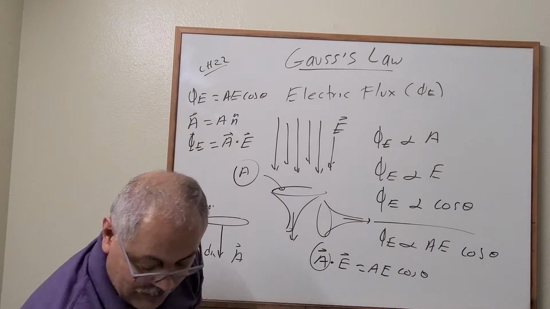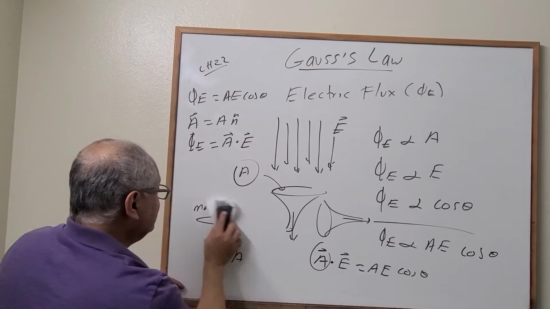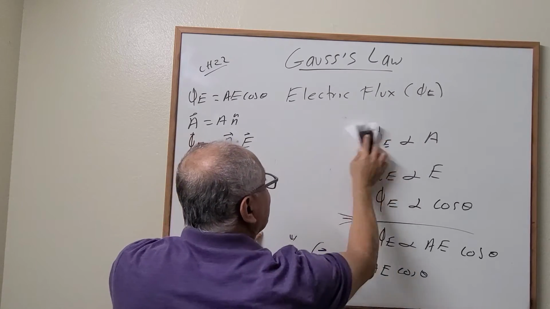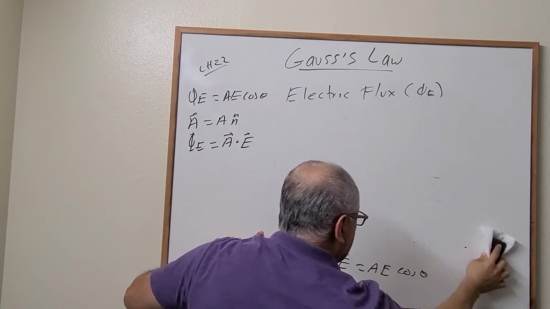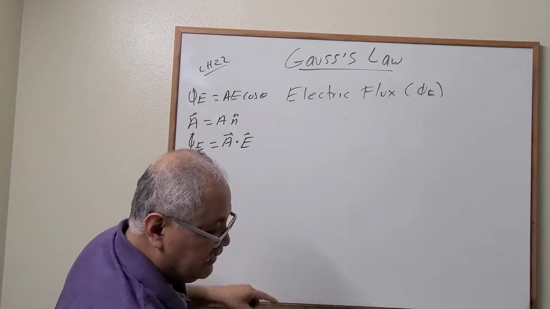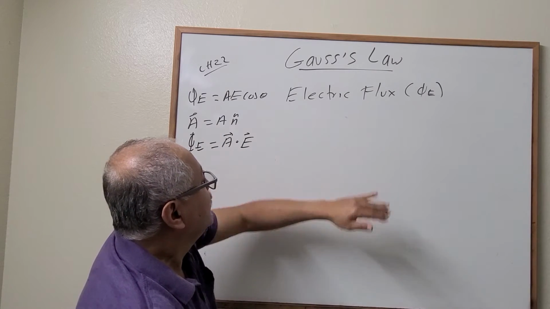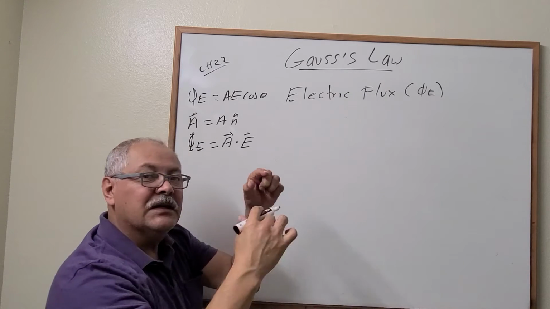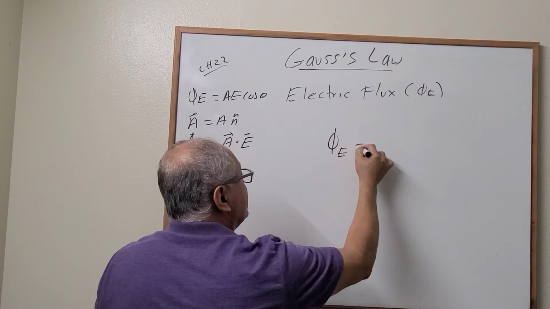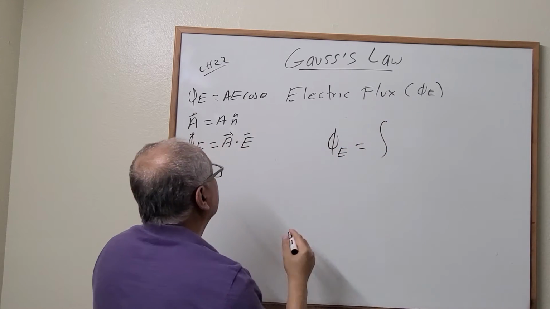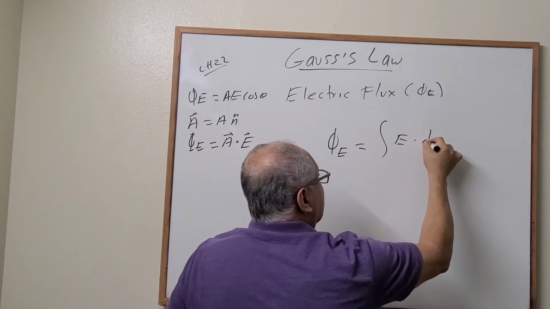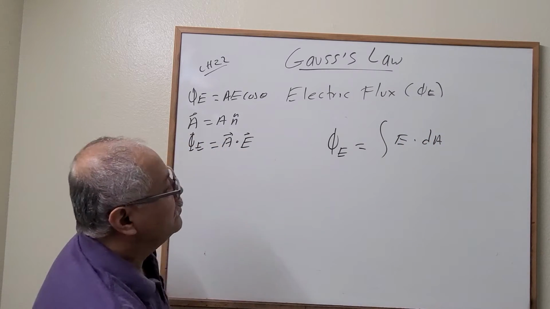Perfect. Now, let's go to the case when we have infinitesimal changes. We can use integrals when we have more surfaces. So we can represent this in this way. The flux is equal to the integral of the electric field dot dA.